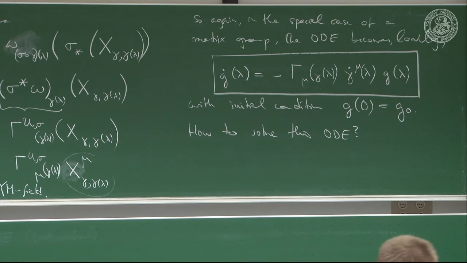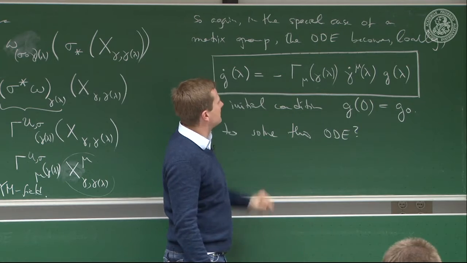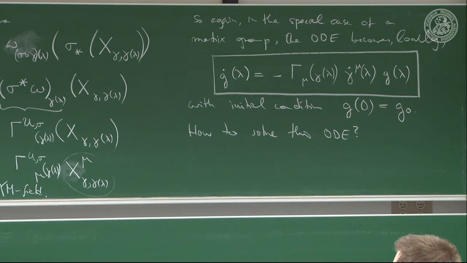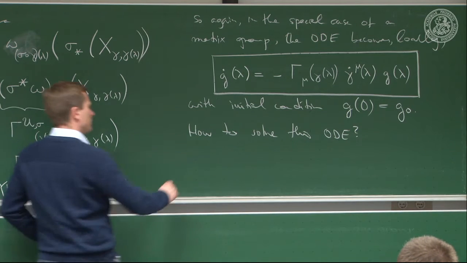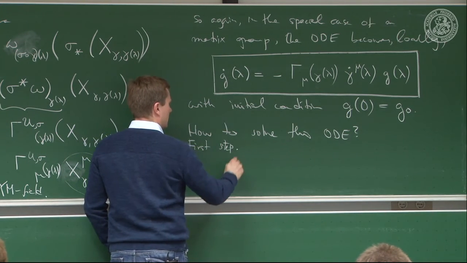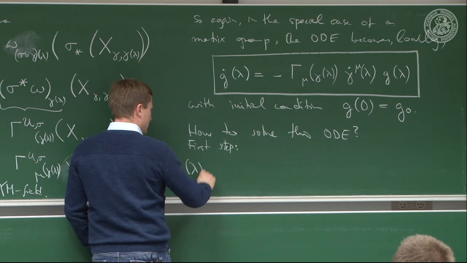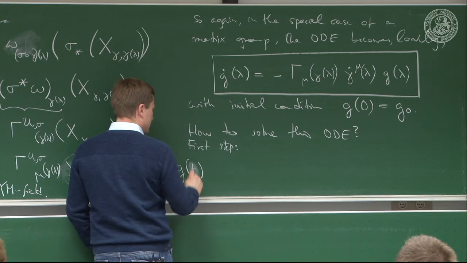And well, a simple solution is we just integrate this up. But of course, that's not the final solution. So first step, we write down g of lambda, or let me now choose a different variable, let me choose t.